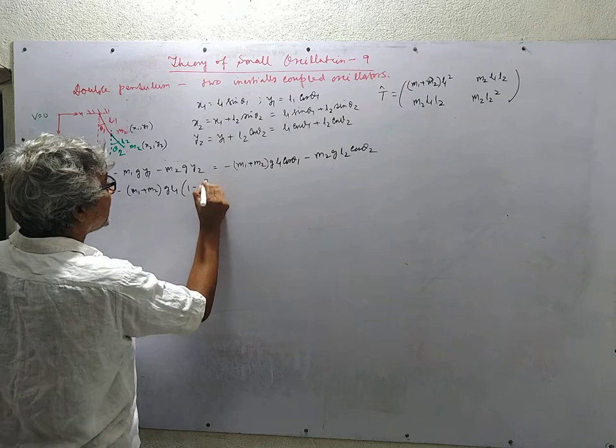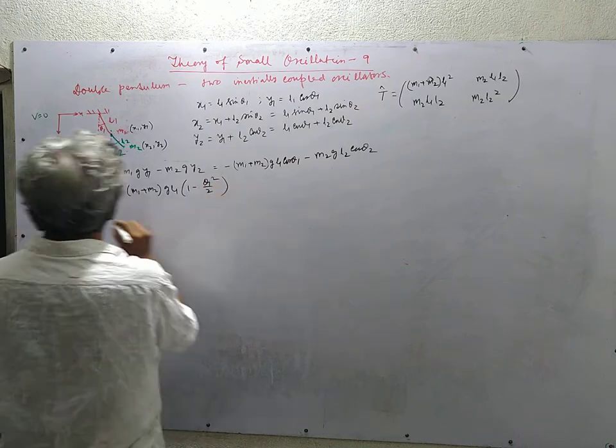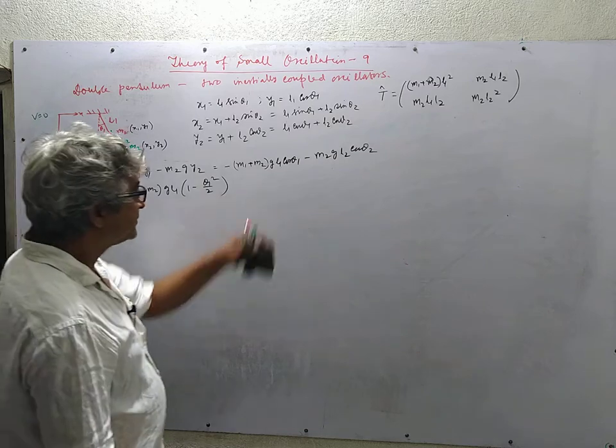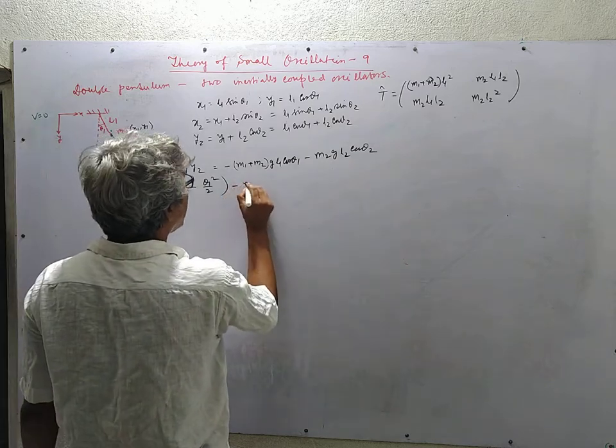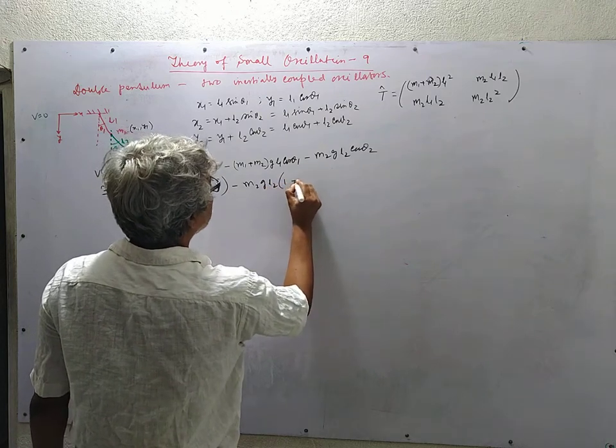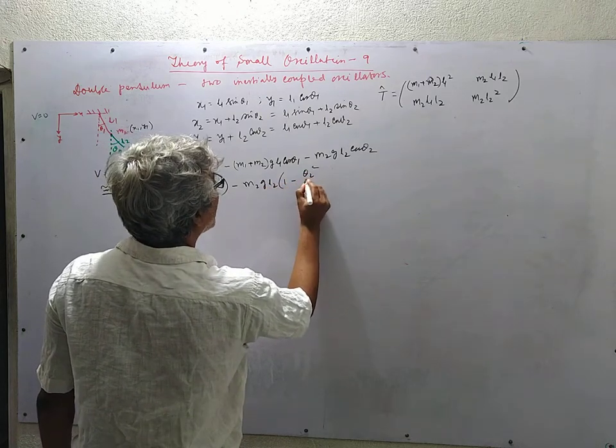This is 1 minus theta 1 square by 2, so there is an approximation, and for this it is minus m2 g L2 (1 minus theta 2 square by 2).